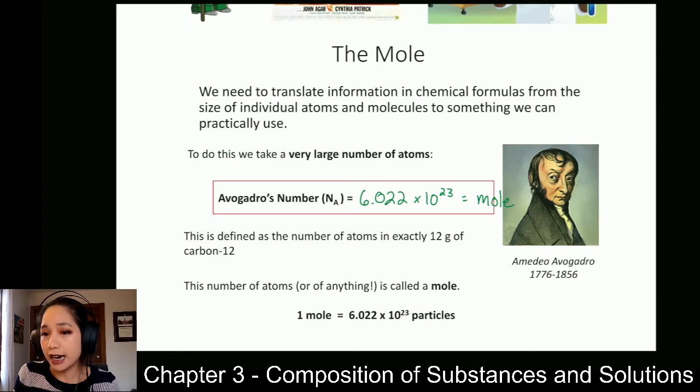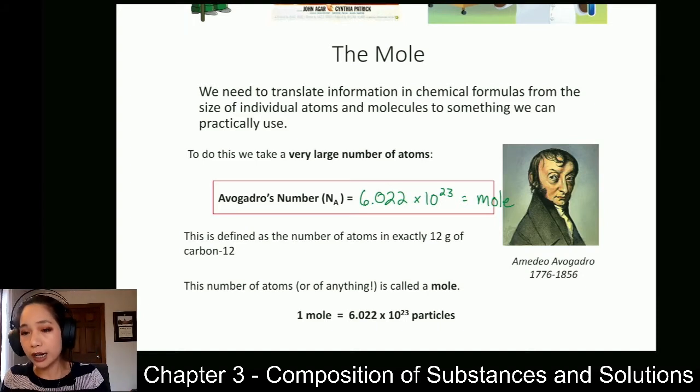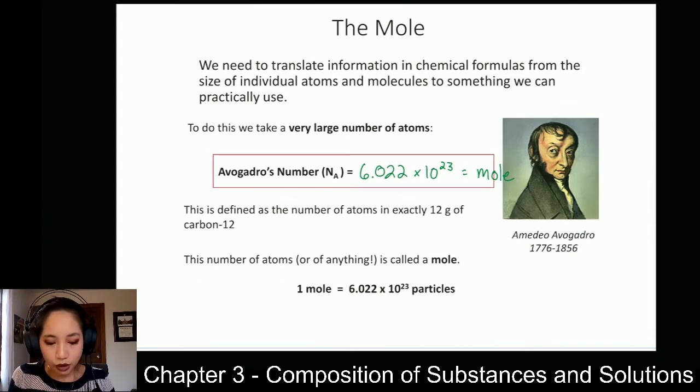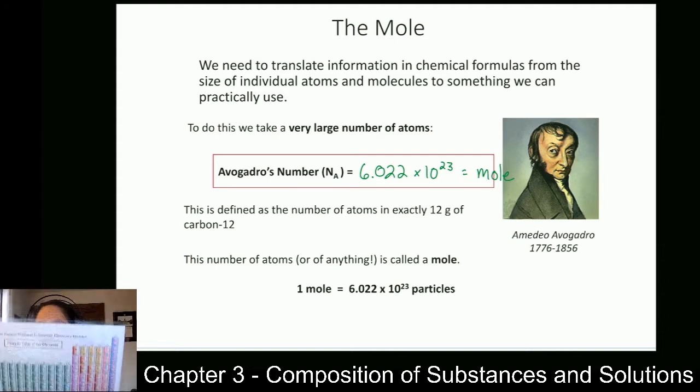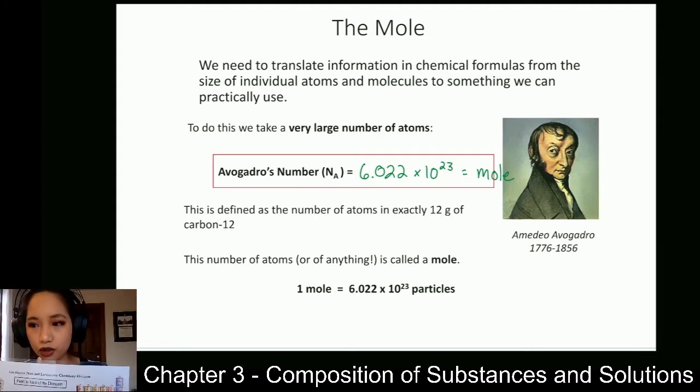He came up with a way to talk about elements and atoms in a collection so we could actually measure them in lab. And so when we're talking about a mole of a substance, we're talking about a large collection, essentially 6.022 times 10 to the 23 of that element. The reason we use this specific number is because the numbers on the periodic table don't change.